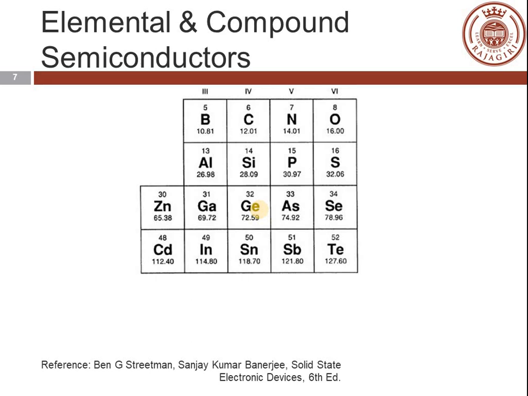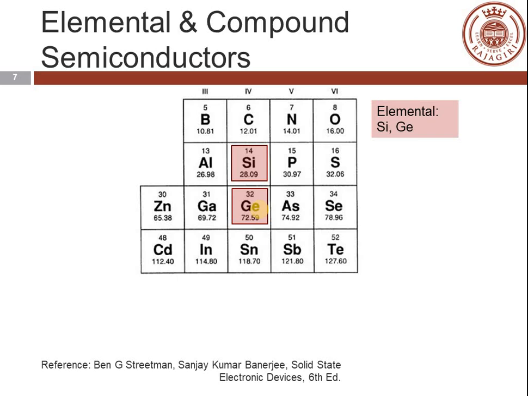We'll see what is meant by elemental and compound semiconductors. Elemental semiconductors are semiconductor elements found in group 4, column 4 of the periodic table. Example, silicon and germanium.